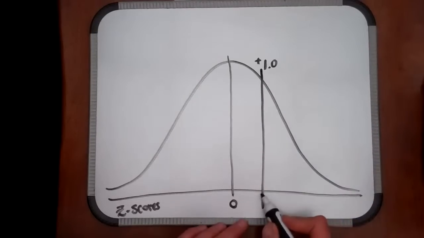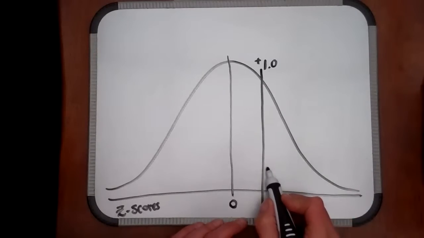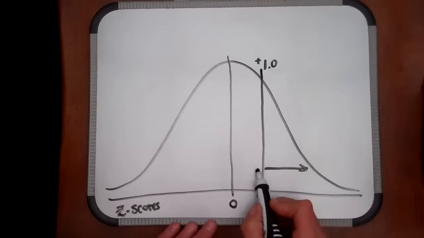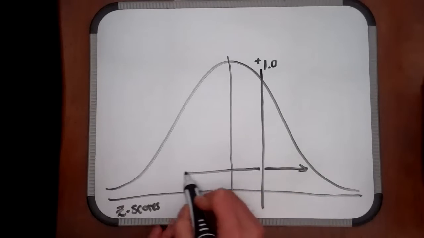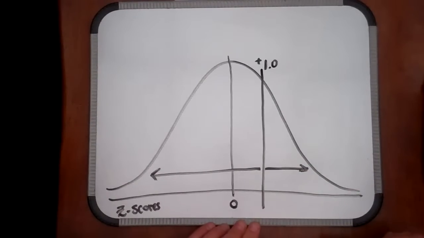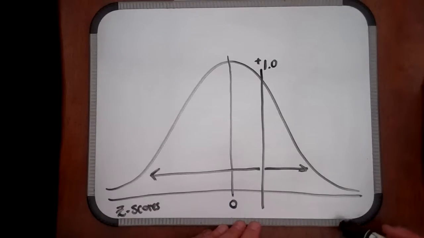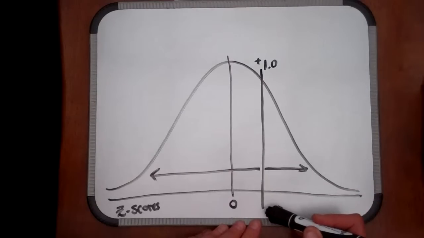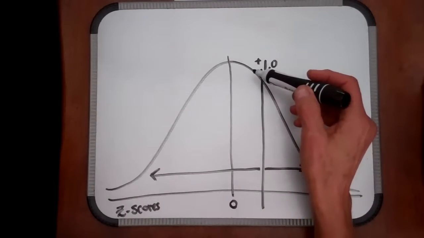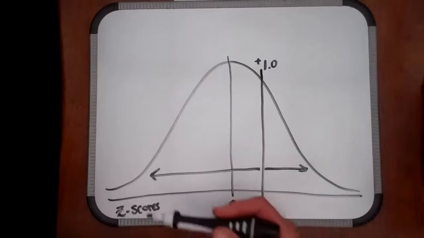And this z-score splits the normal distribution curve into a smaller proportion, which is this proportion, and a larger proportion, which is this proportion. In other words, this distribution will show you the probability of obtaining a z-score of 1.0 or higher in the case of the smaller area, or the probability of obtaining a z-score less than 1.0.